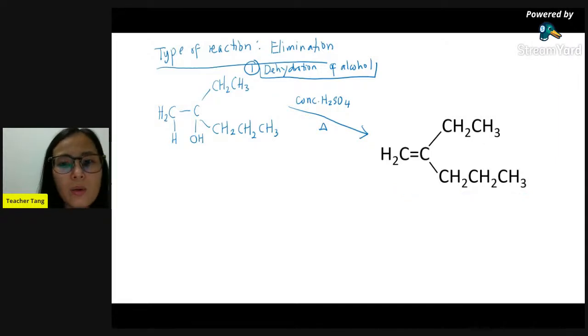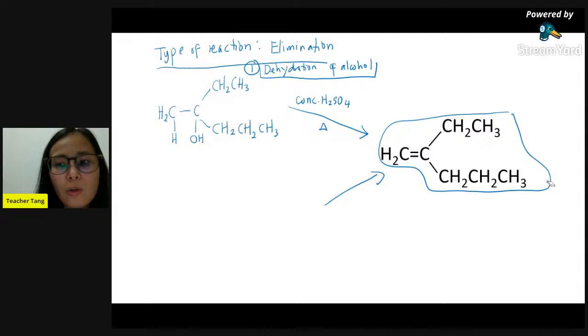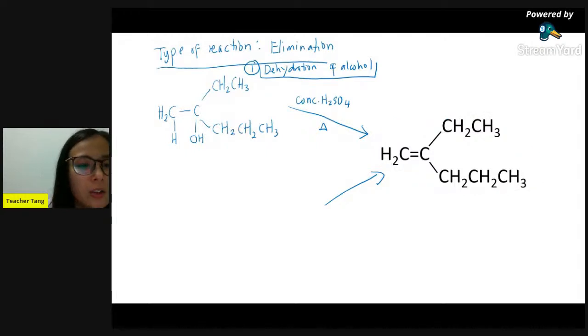The second way to prepare alkene is through haloalkane or alkyl halide. If this is the alkene that is given to us, how do we draw the haloalkane? The skeleton is still the same.